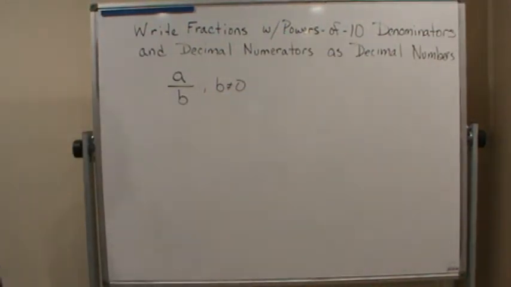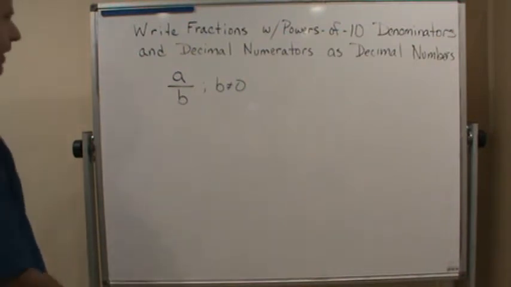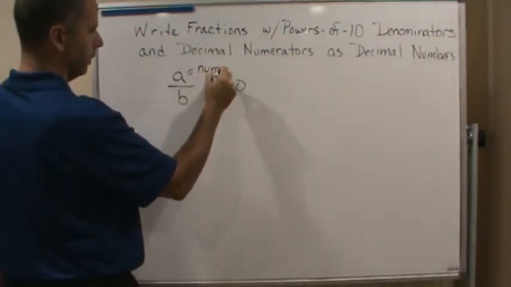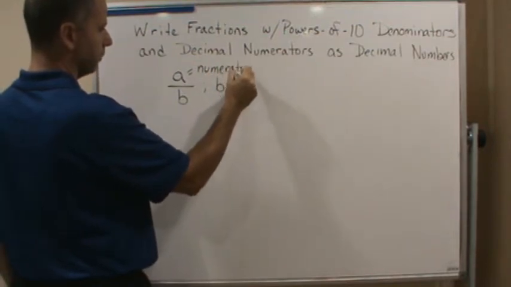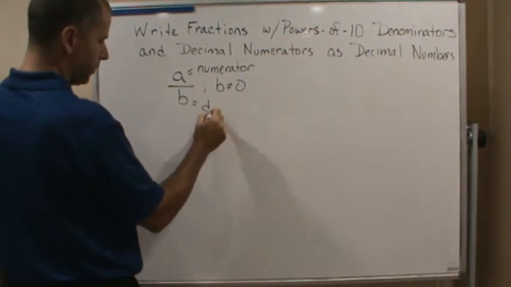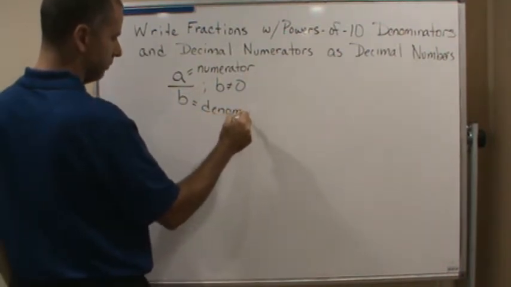That's a fraction. Can't divide by 0. So now, this top number is called the numerator. The bottom number is called the denominator.